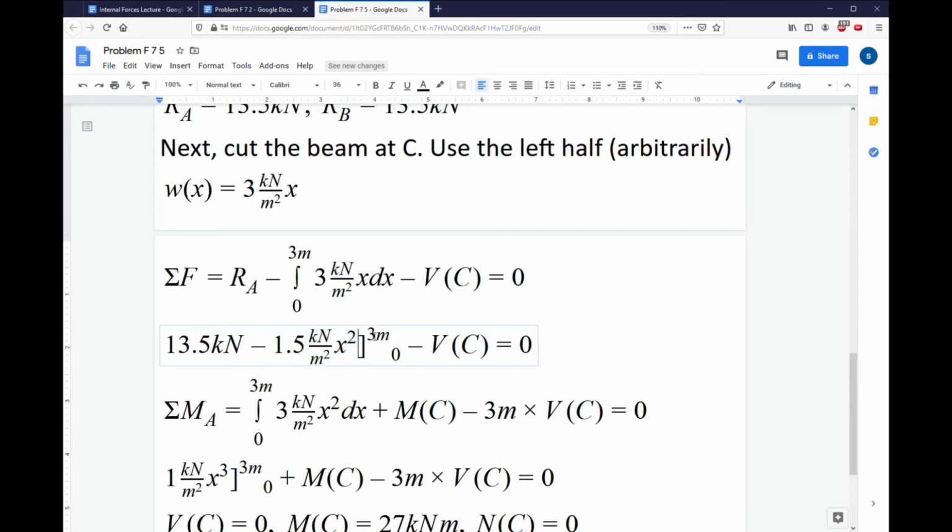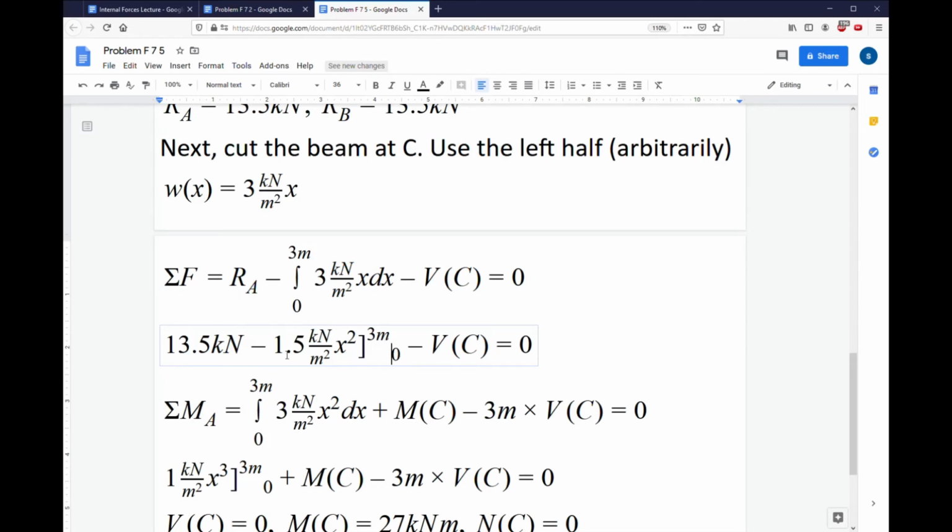Next, we put in our bounds of integration, and I apologize for this notation. I could not do two numbers vertically in this document, so try to keep in mind that this is our bounds of 3 meters and 0. So we plug in 3 meters for x, we get 1.5 times 3 squared, that's 13.5.